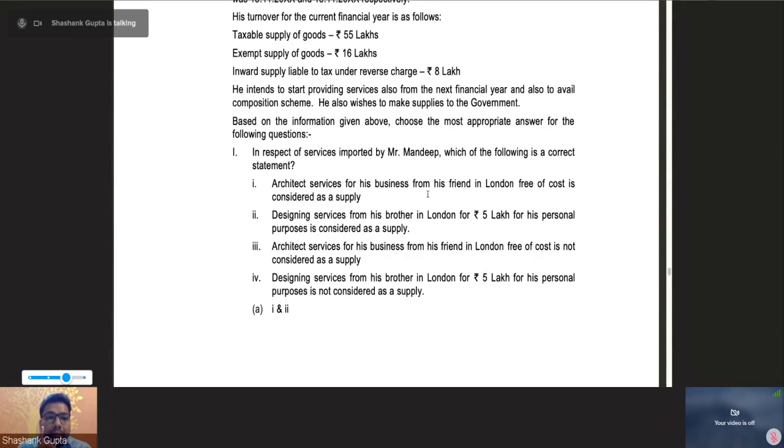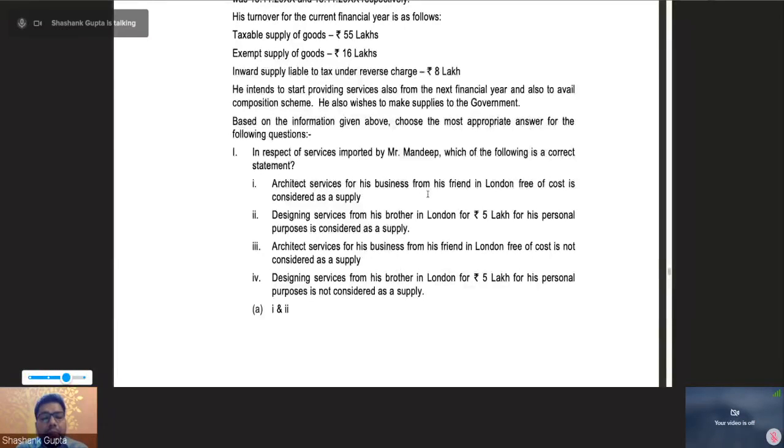But that is why it is very important to think through all the aspects, and that is why both are required: your memory about the provisions plus your analytical skills. Both are very important for CA examination. So the first statement is incorrect.